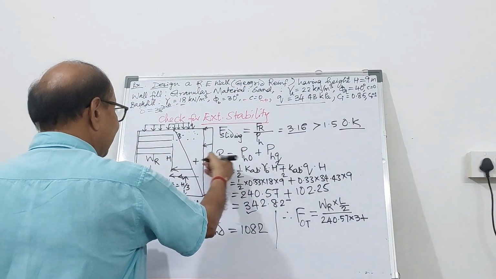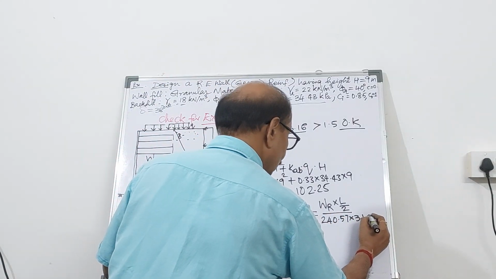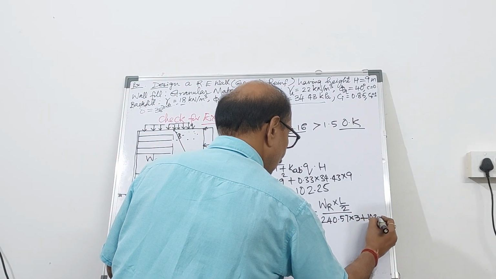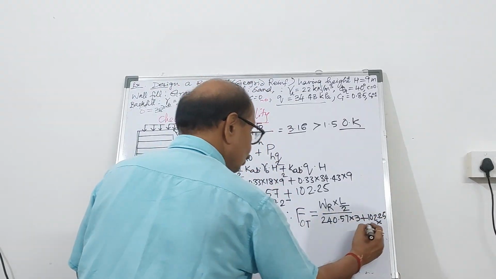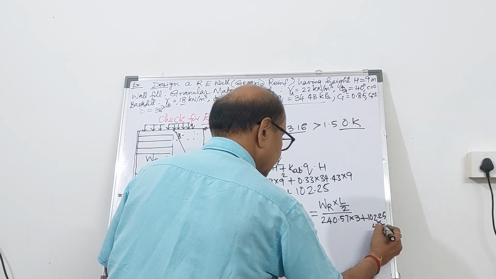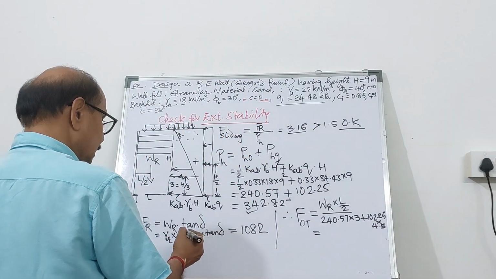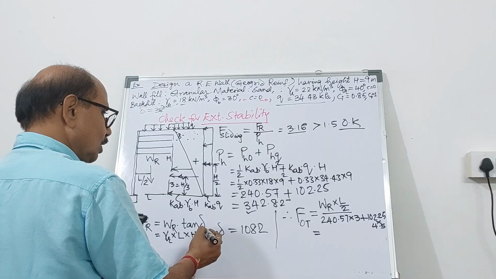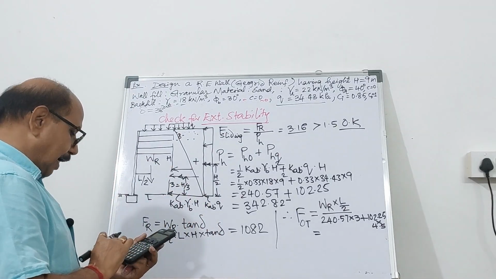Plus the moment created by PHQ, that is 102.25 multiplied by H by 2, that is 4.5. So WR can be calculated.